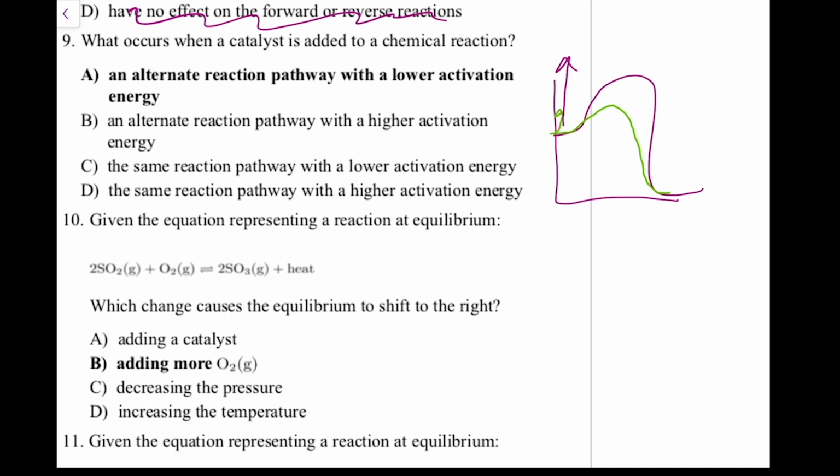So C and D are wrong, because if you had the same reaction pathway, you'd follow the purple line exactly. That is not what is happening. The catalyst makes a new pathway, but it starts and ends at the same place, and it lowers the activation energy, so that's why it is A.